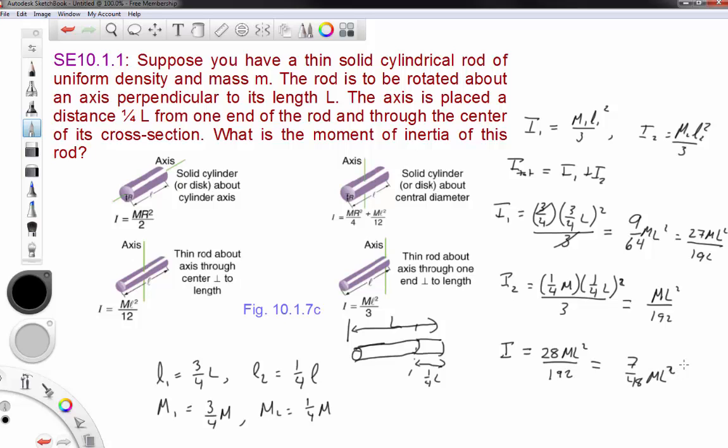So you can see that this moment of inertia is a bit smaller when we put the axis of rotation part of the way through the rod, and that kind of follows what the pattern is. If it was midway through, you'd have ml squared over 12. This is very nearly equal to 2/12 or to 1/6, but not quite.